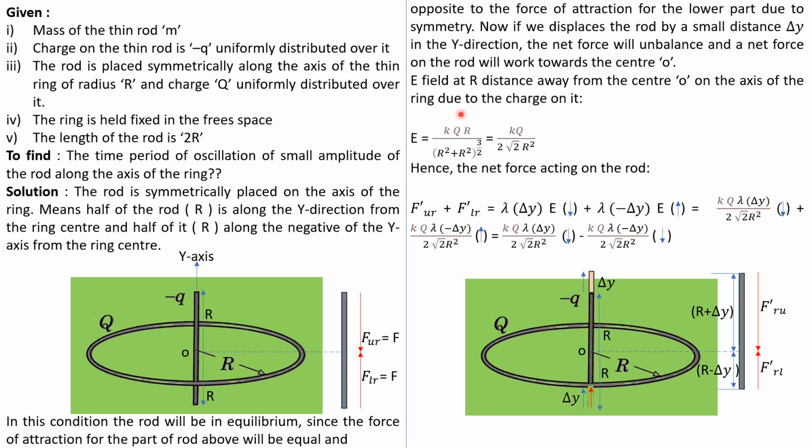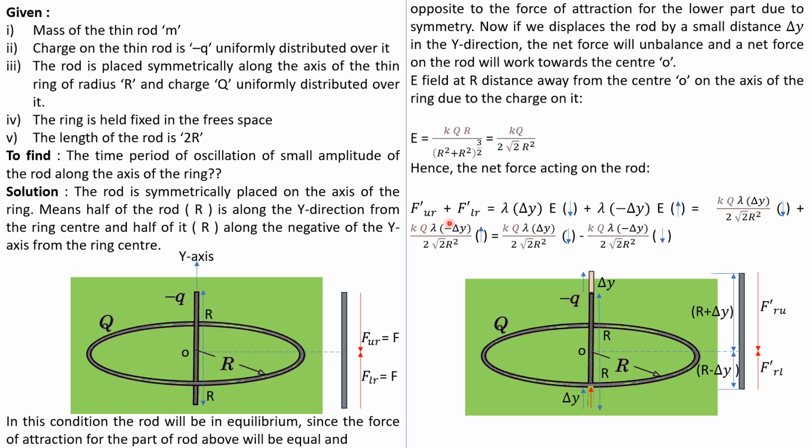From the formula we know that on the axis of the ring at a distance r, the E field will be K Q r divided by this, and you will reach this expression. Because of such a shift, we can write the net force on the rod.